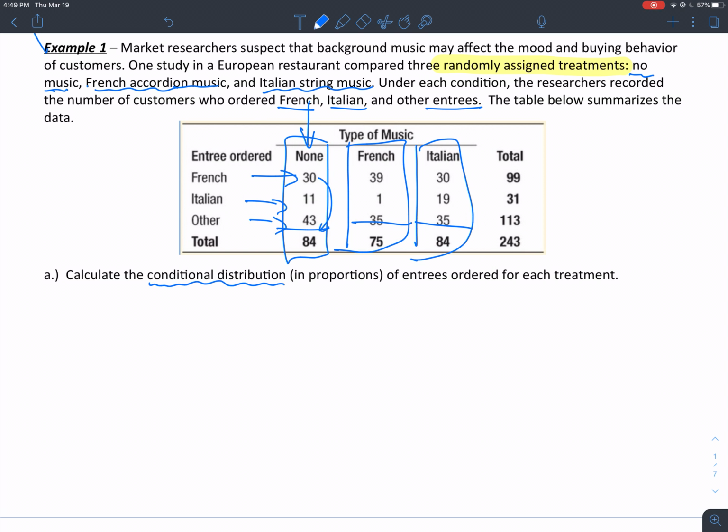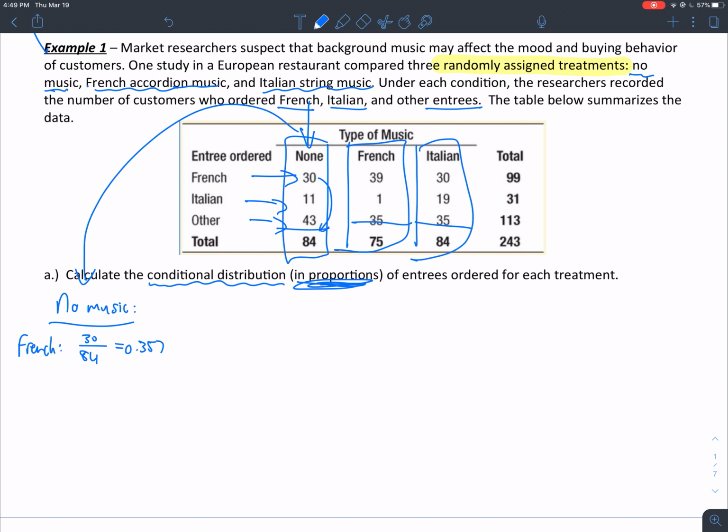Okay? And that's how you calculate the conditional distributions. So you would do something like this and say, calculate the conditional distributions, no music. For that specific treatment group, when no music was playing, the conditional distribution of French entrees was 30 out of the total 84 entrees ordered when no music was playing. All right, and that is 0.357.